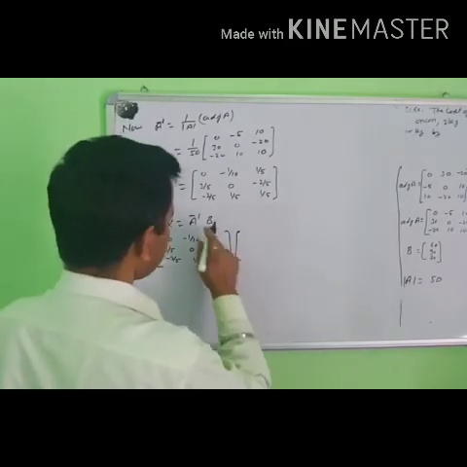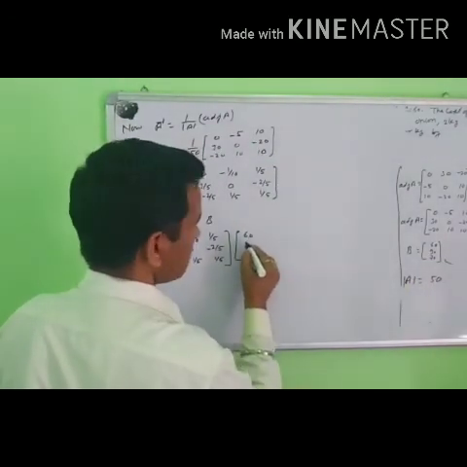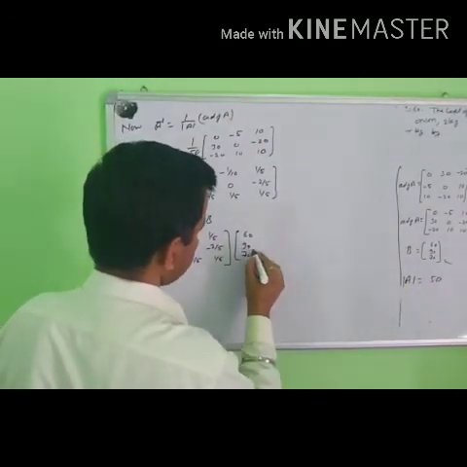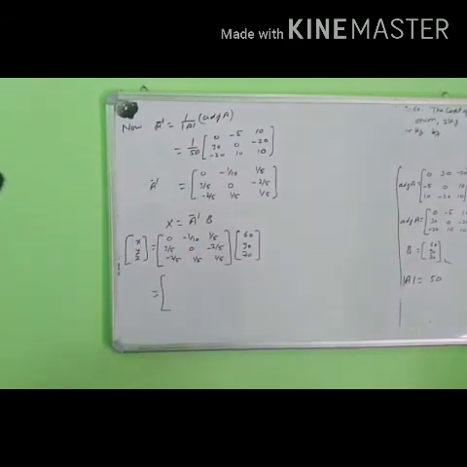Next, I am writing the value of the matrix B. This is the matrix B: 60, 90 and 70. Do the multiplication and get the answer.